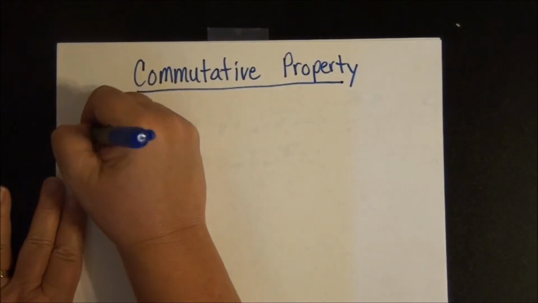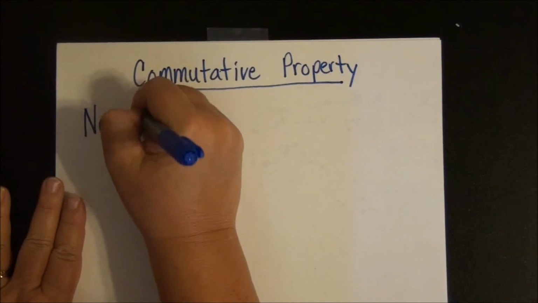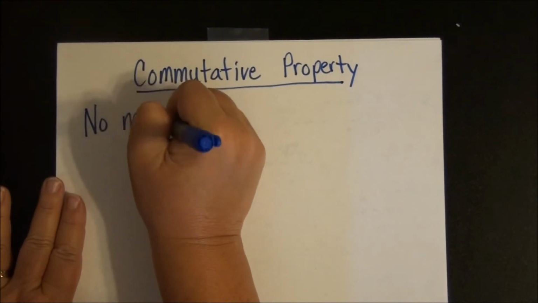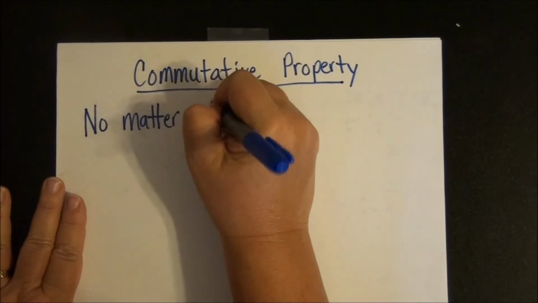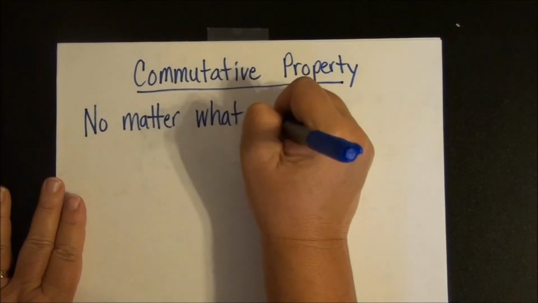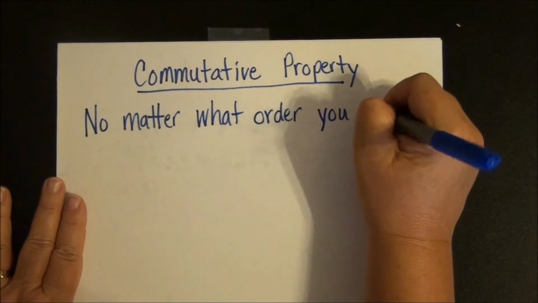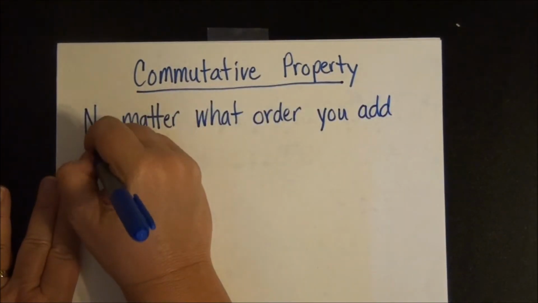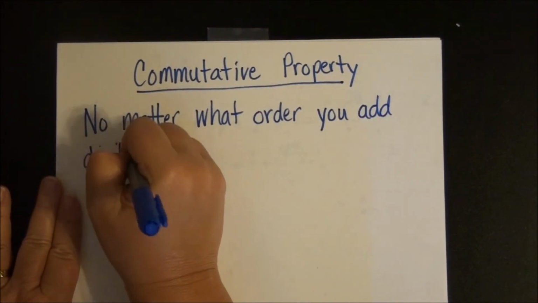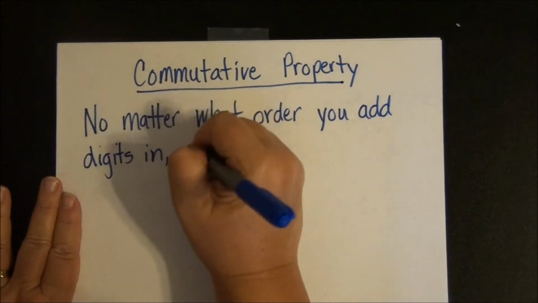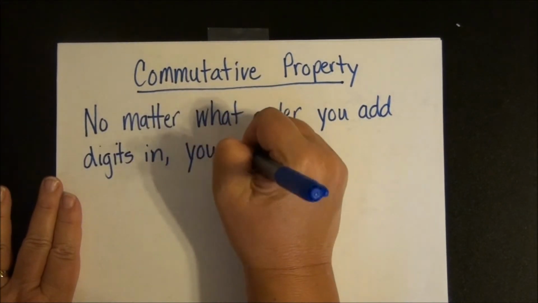And the commutative property says no matter what order you add digits in, you will get the same sum.